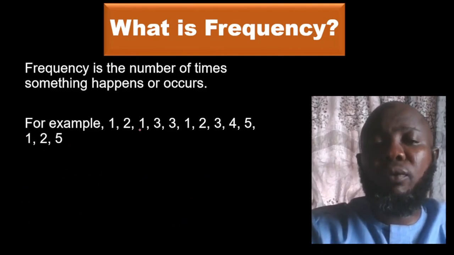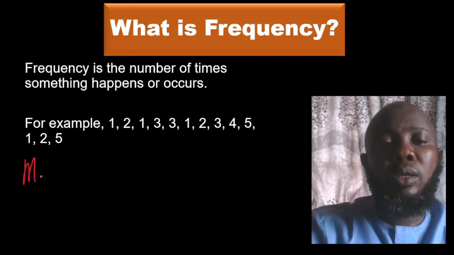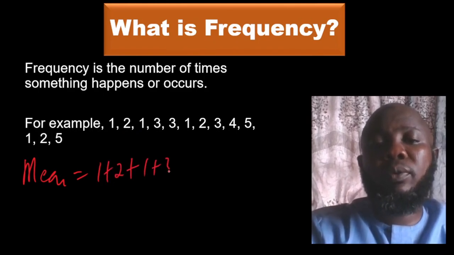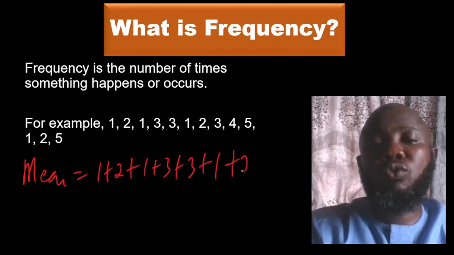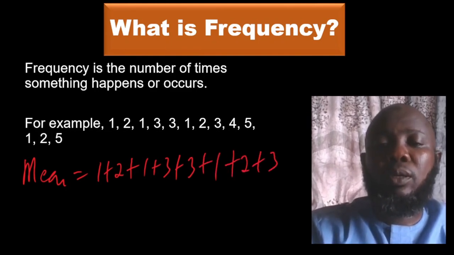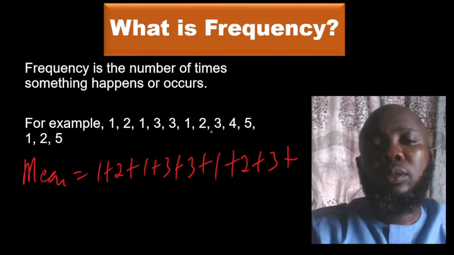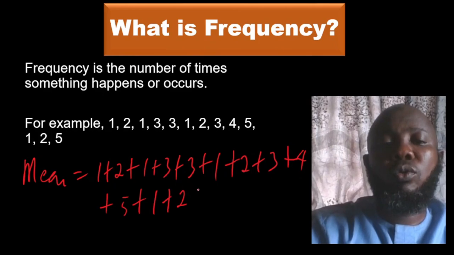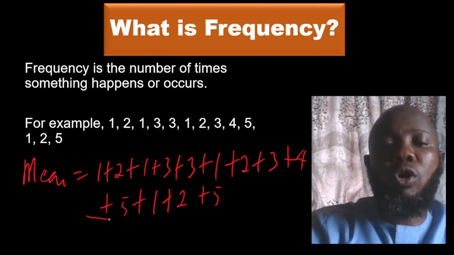So we want to find the mean of this. The mean is the addition of everything, which is 1 plus 2 plus 1 plus 3 plus 3 plus 1 plus 2 plus 3 plus 4 plus 5 plus 1 plus 2 plus 5, all over.